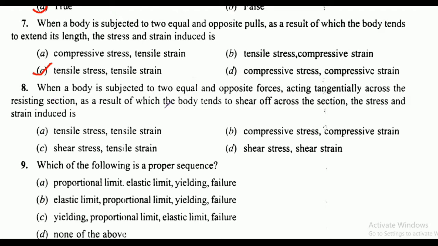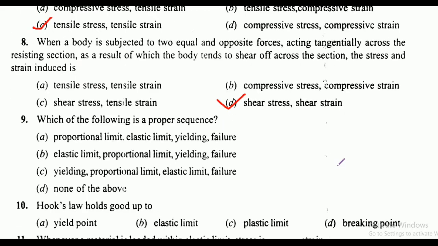When a body is subjected to equal and opposite forces acting tangentially across the resisting section, as a result of which the body tends to shear off across the section, the stress and strain induced is. Here friends, these are the options and here correct answer is option D, that is shear stress, shear strain.